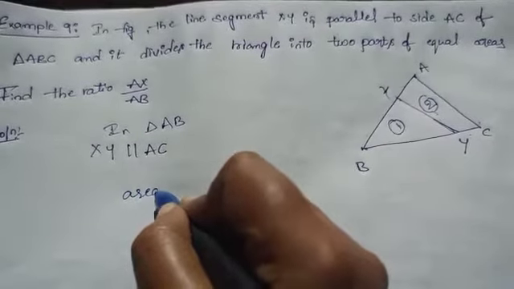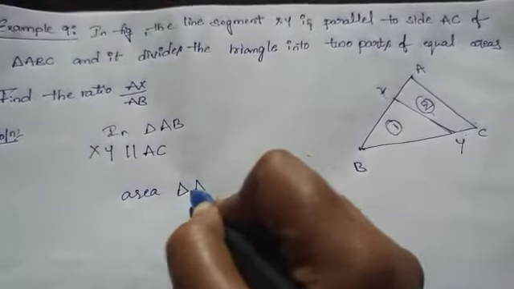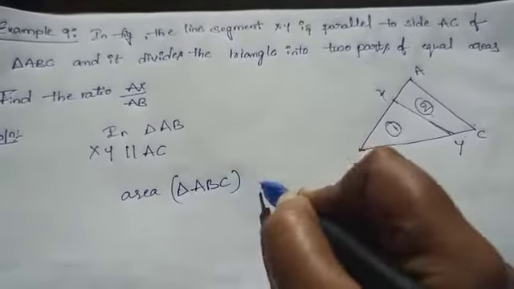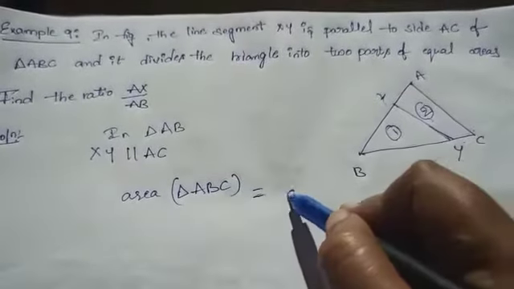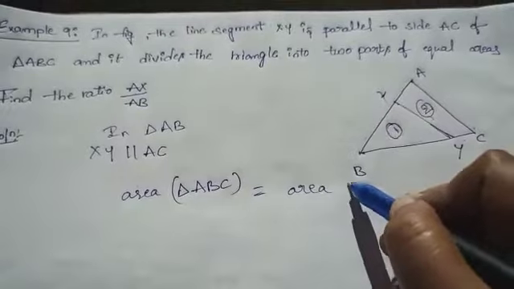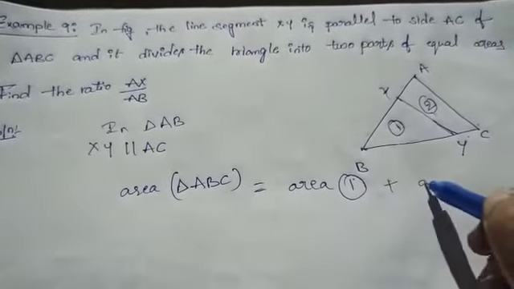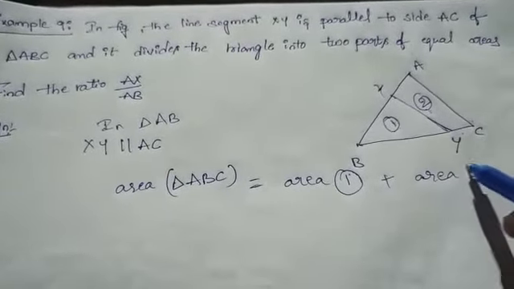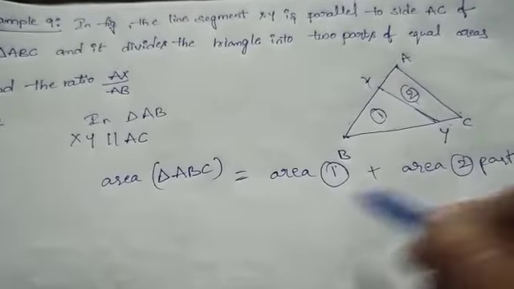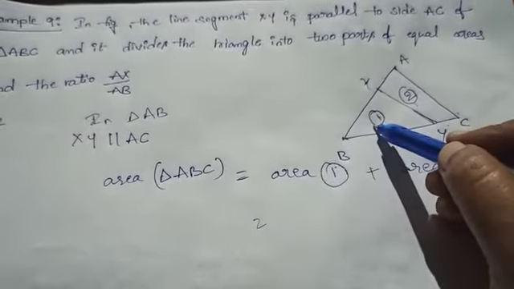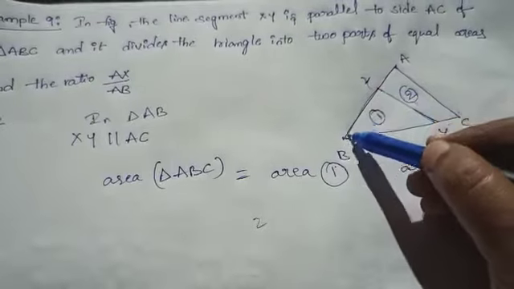So area of triangle ABC equals area of the first part plus area of the second part. Okay. See, the first part is like a triangle.